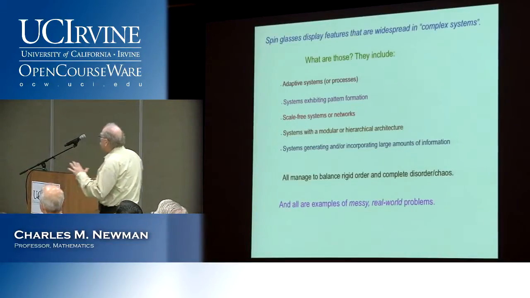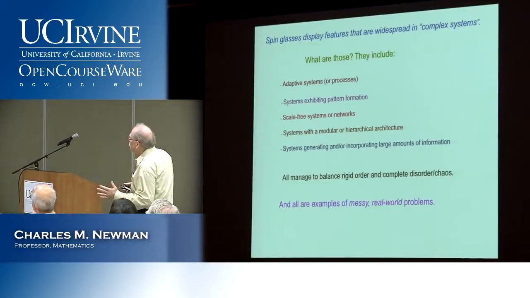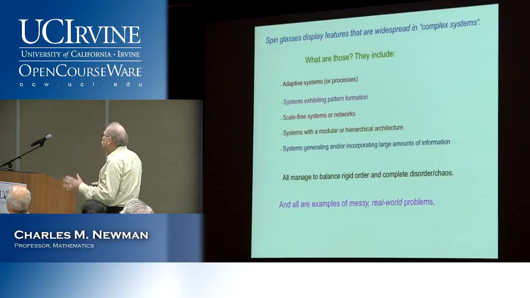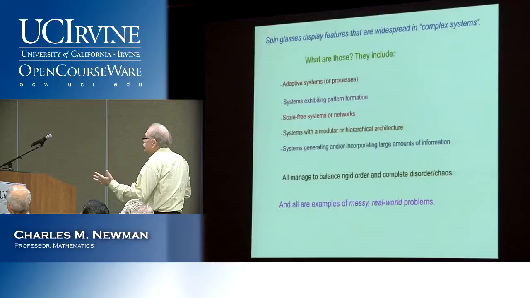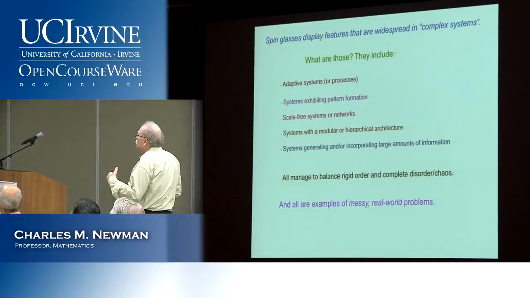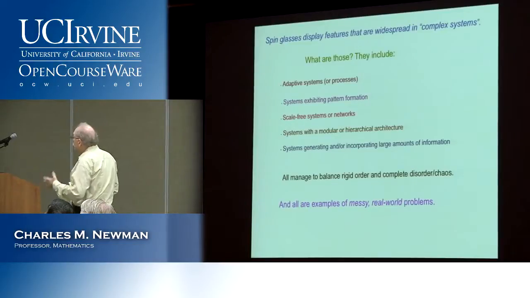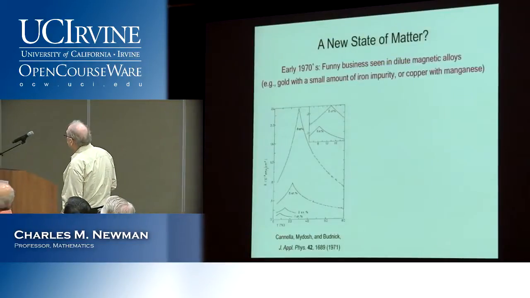They seem to operate in the border region between complete order and complete chaos, and they have those things in common with many real-world messy problems. So that's why some of the ideas that originated with spin glasses are being used in other places.